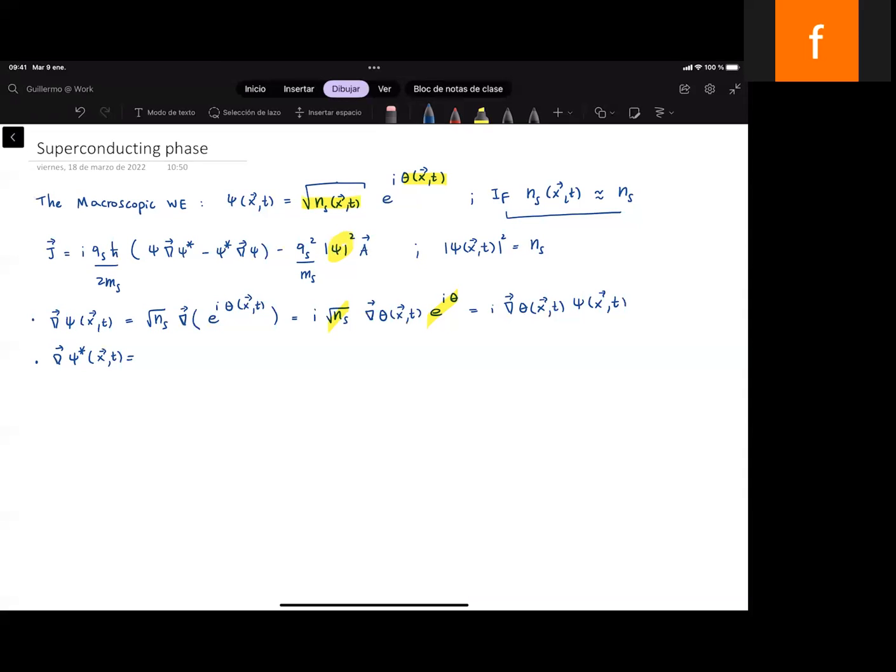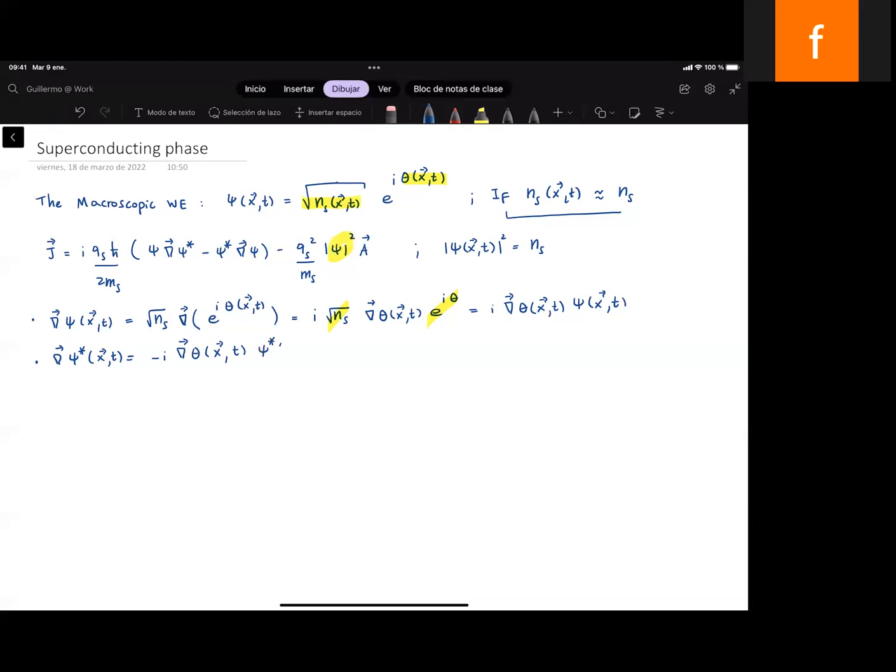what we obtain here is minus i, the gradient of theta. Of course, theta is a real number, it's just a phase.